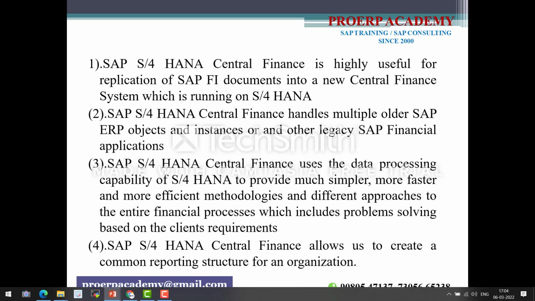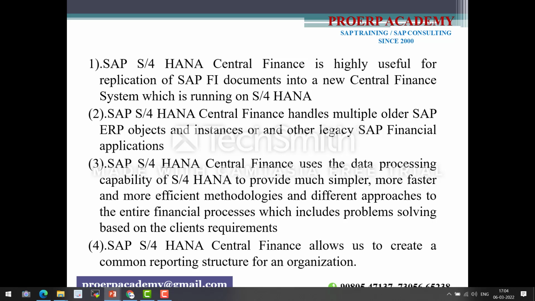So what is the main advantage of using this central finance system? This SAP S/4HANA Central Finance uses the data processing capability of S/4HANA to provide much simpler and faster processing, and it has its efficient methodologies and different approaches to handle the entire financial processes from the scratch to the end, which also includes problem solving based on the client's requirements.